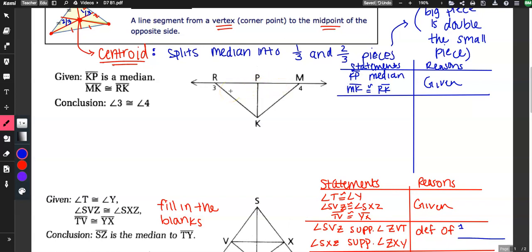KP is a median, so we just talked about that. That means that it splits the base of the triangle into congruent pieces. So I can say RP is congruent to PM. That would be definition of median, because this is a midpoint.